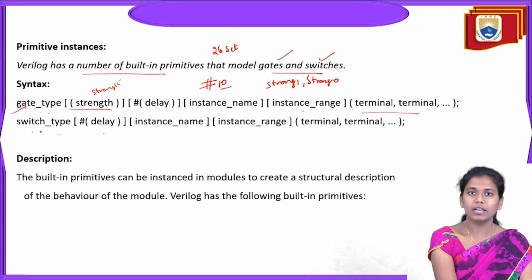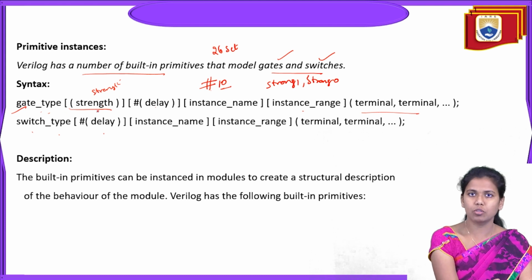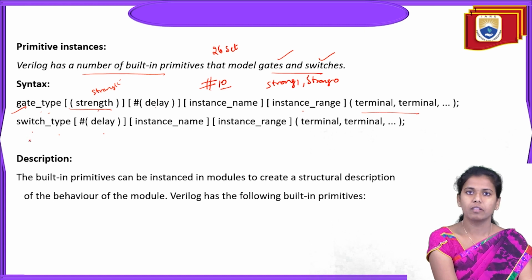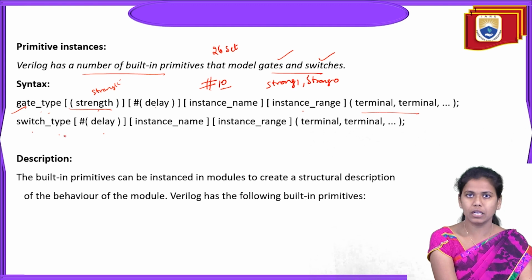When it comes to gate and switch, the difference is that in the gate primitive we see the signal strength. The signal strength will be calculated, so in that regard we write the strength over here. But when it comes to the switch primitives declaration, we don't have any strength to be declared. It only has the delays.